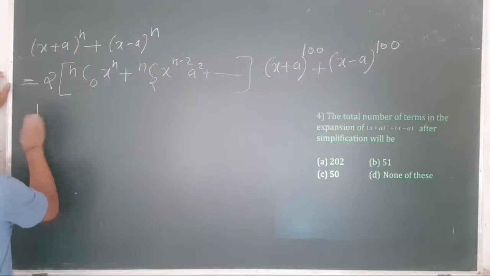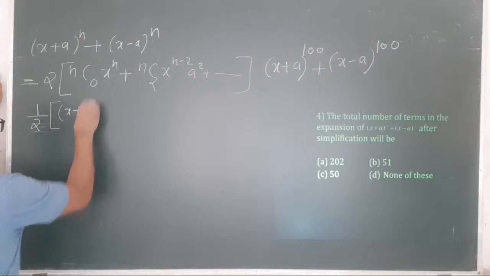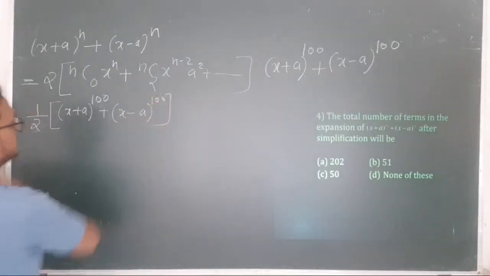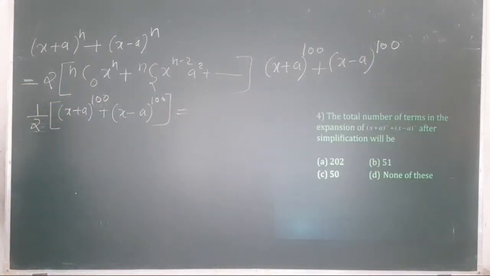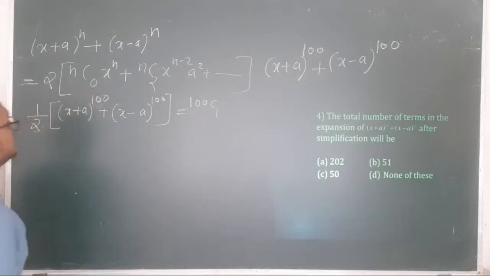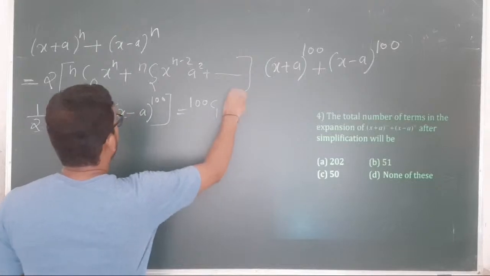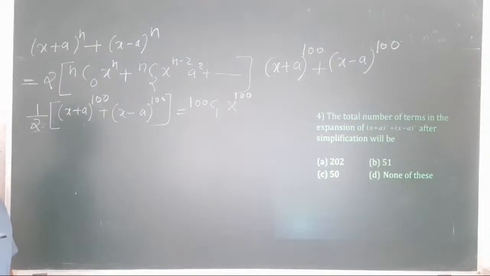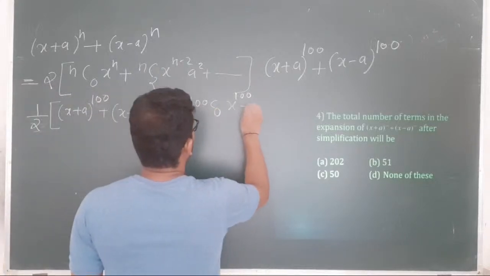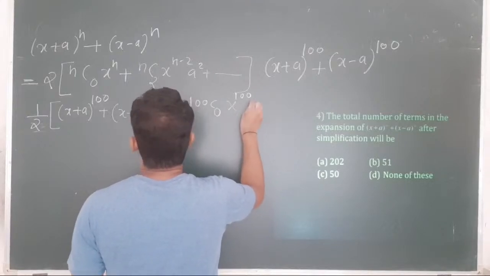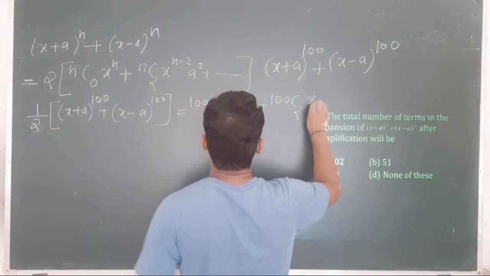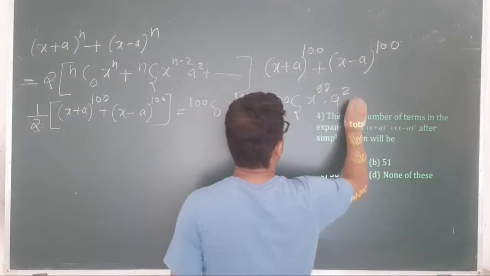So this 2 you transfer here: 1 by 2 into x plus a to the power 100 plus x minus a to the power 100, which equals 100c0 x to the power 100 into a, plus 100c2 x to the power 100 minus 2, that is 98, into a square plus so on.